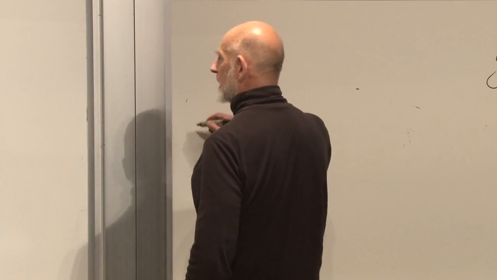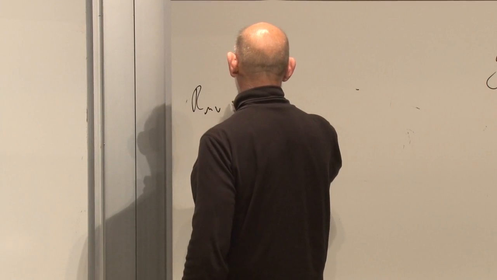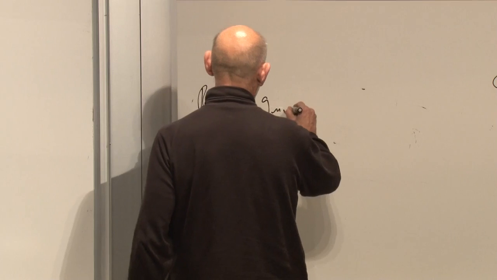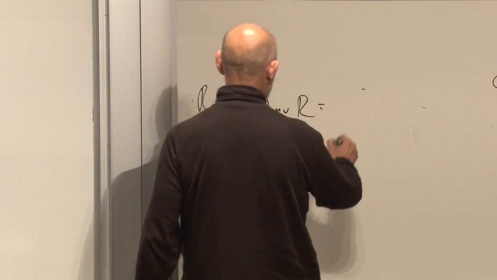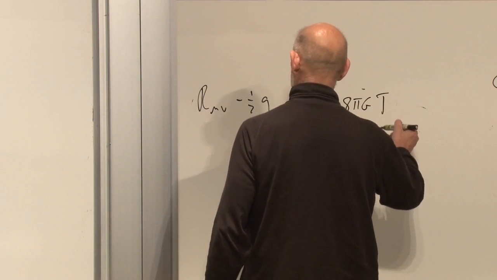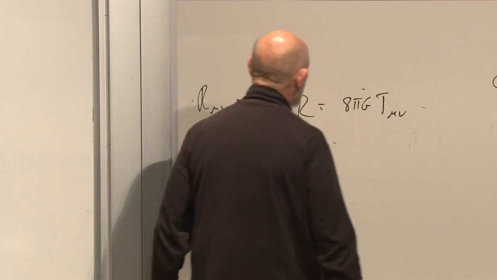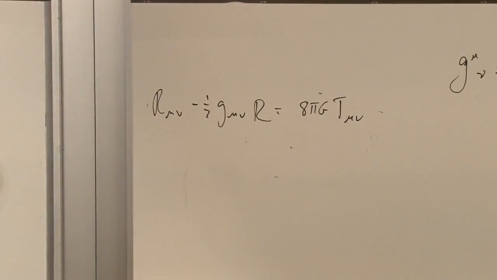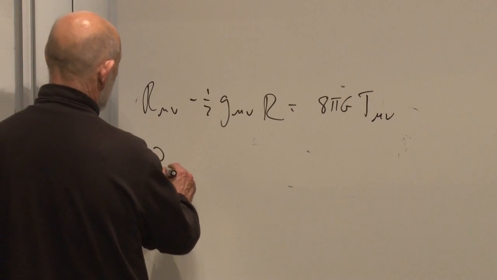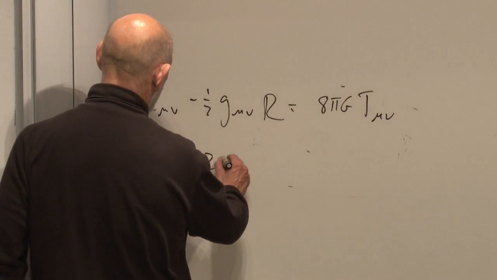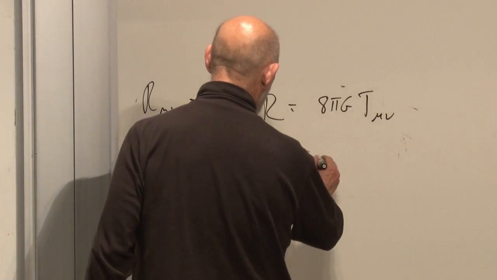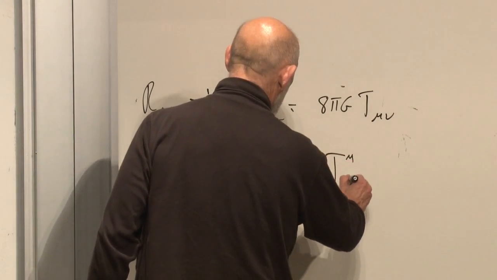Okay, let's see what we get. We have r mu nu, it doesn't matter whether it's upstairs or downstairs, minus 1/2 g mu nu r is equal to 8 pi g t mu nu. Now, what are we going to do? We're going to contract these two indices. This is going to give us r minus 2r is equal to 8 pi g t mu mu.